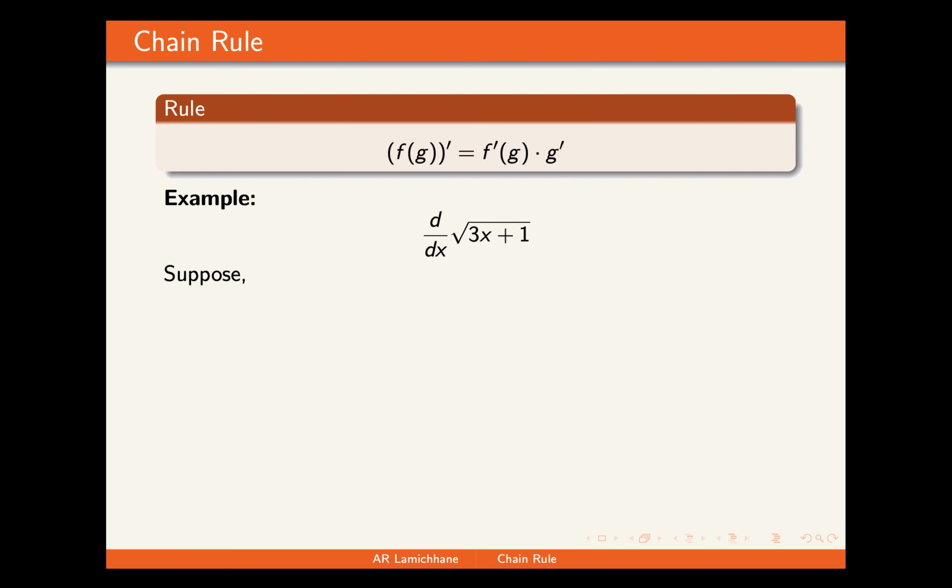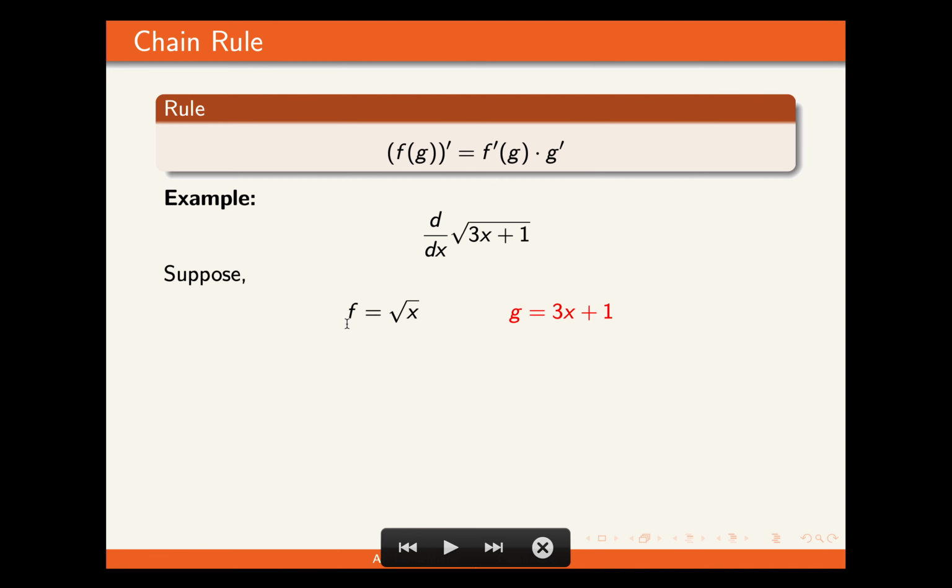If I assume f is the square root of x and g is 3x plus 1, then when we compose f with g, I need to evaluate f on g, replacing x by 3x plus 1, and we immediately get the square root of 3x plus 1. So it makes sense that the square root of 3x plus 1 is the composite of the square root of x and 3x plus 1.